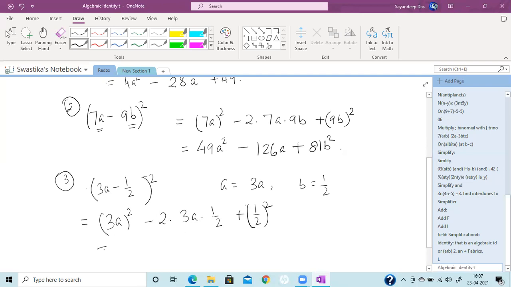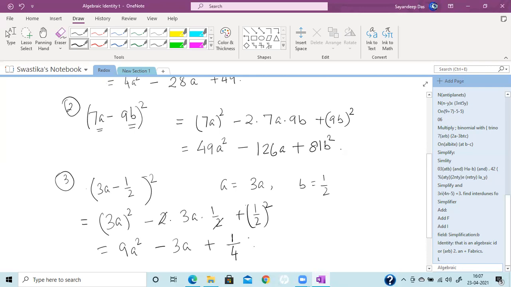So this is equal to 9a square, and the 2 in the numerator and 2 in the denominator will get cancelled, so minus 3a plus 1 by 4. Half square is 1 ones are 1 divided by 2 twos are 4. So this is the expanded form.